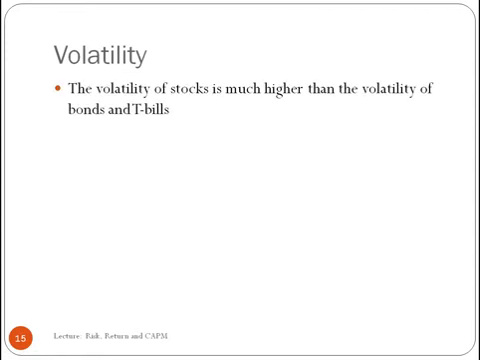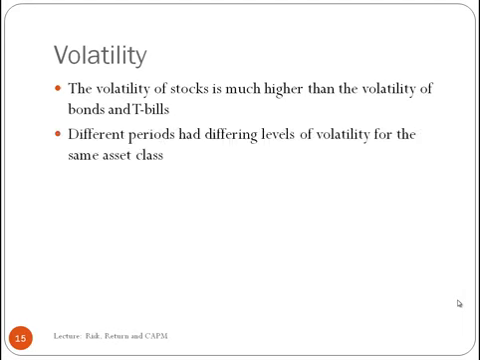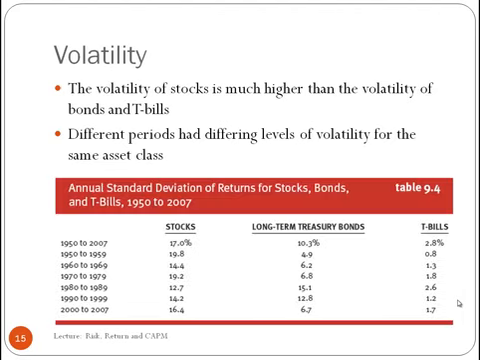So now I want to just show a chart of the volatility of stocks and bonds over some historic periods. And the idea is that the volatility of stocks is much greater than the volatility of bonds and treasury bills.